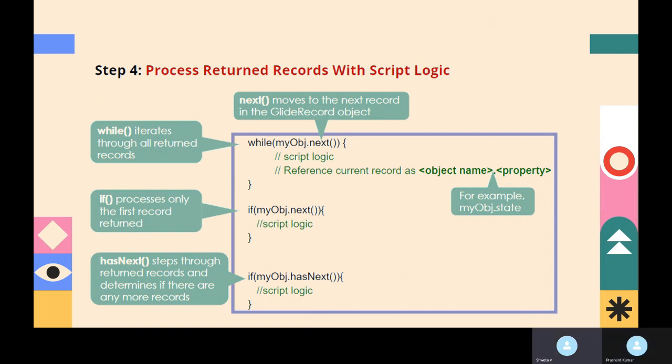If you are using if, then you will get only 1 record. The first record will be returned and you will utilize this first record for your script execution. There is also hasNext, which will return the record and check if there are more records in that GlideRecord object. So these 3 things you can use when processing the returned records using GlideRecord.